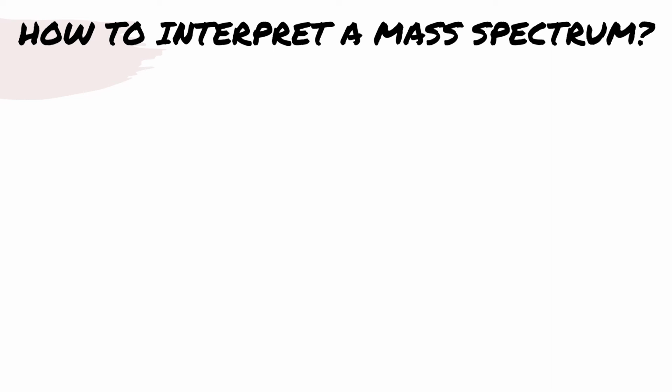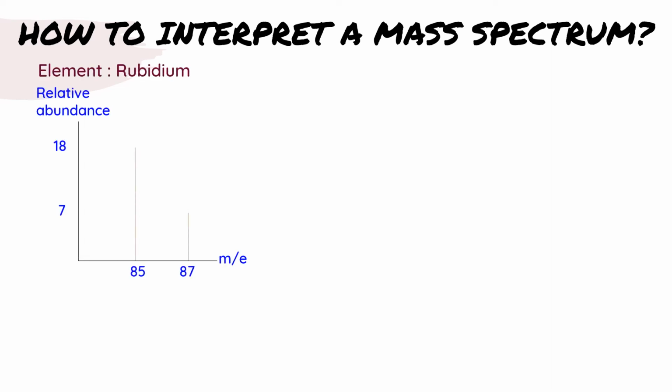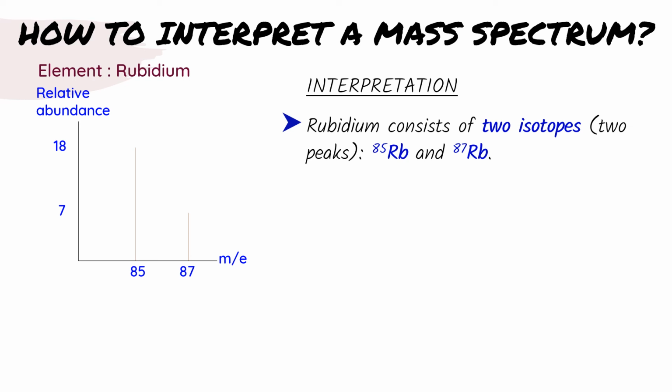How to interpret a mass spectrum? Let's take rubidium as an example. This is how a mass spectrum is interpreted. From the mass spectrum, it tells you that rubidium consists of two isotopes.